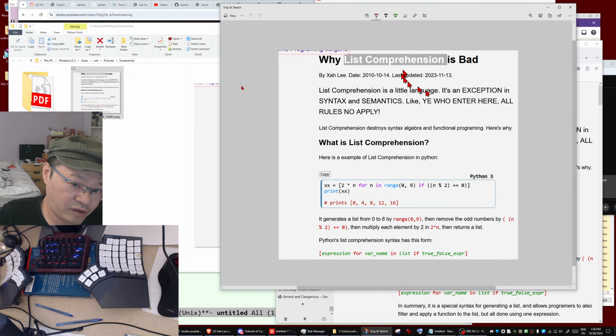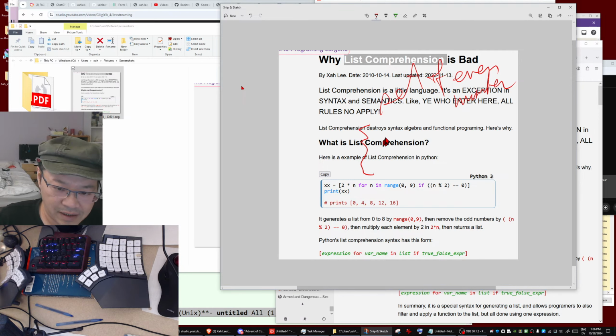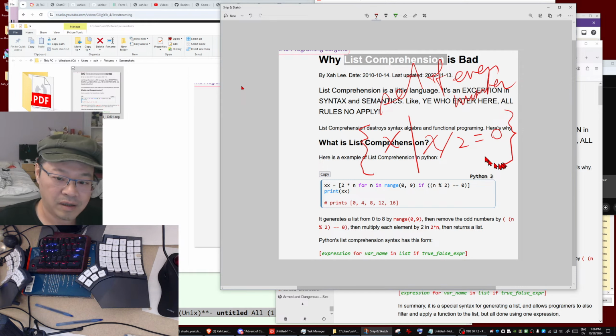So, set of even numbers, you usually write it like that: x, then a vertical bar, then x divided by 2 equals 0.